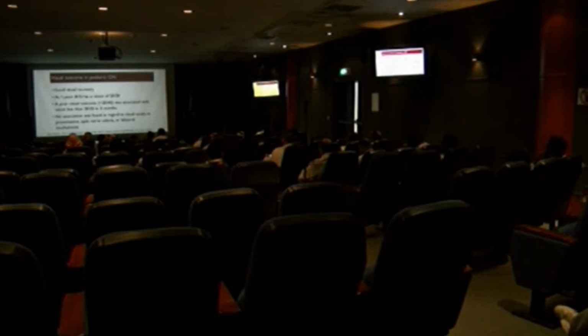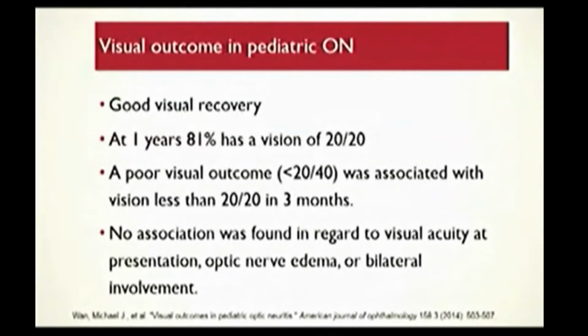It's actually after 3 months that you can give them a hint of their prognosis. There was no association found in regard to visual acuity at presentation or the degree or severity of optic disc edema, or if it's bilateral or unilateral.